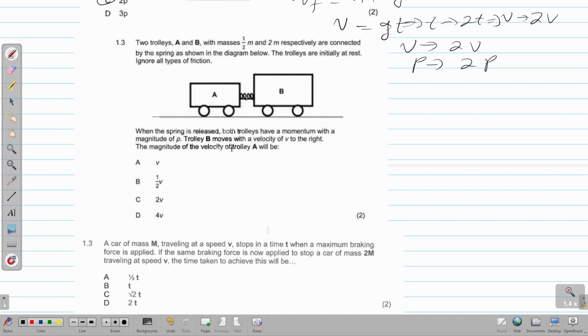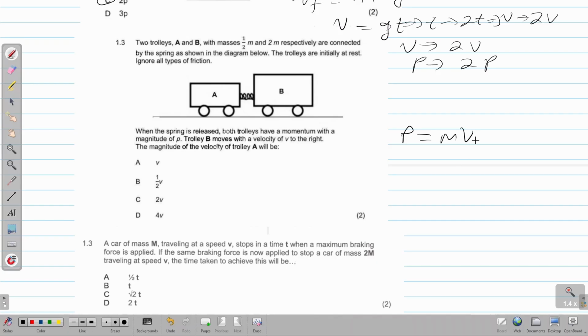So then let us consider that the information that we are given here is about trolley B. So let's first write the analysis of this problem: momentum is equal to mass times velocity.